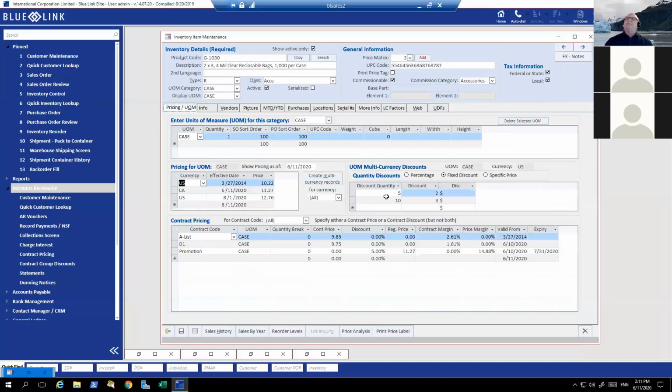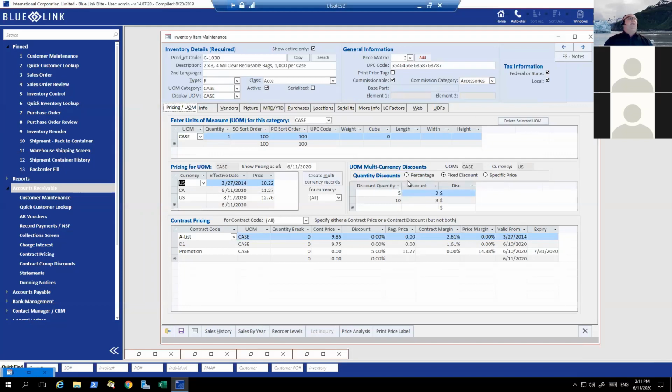So if you have quantity breaks, you can see here that I have a quantity break of 5 or a quantity break of 10. Again, these are UOM or unit specific discounts. I can have different UOMs with different quantity breaks for eaches versus cases in the system. It also can be associated differently for different currencies that you have set up in the system.